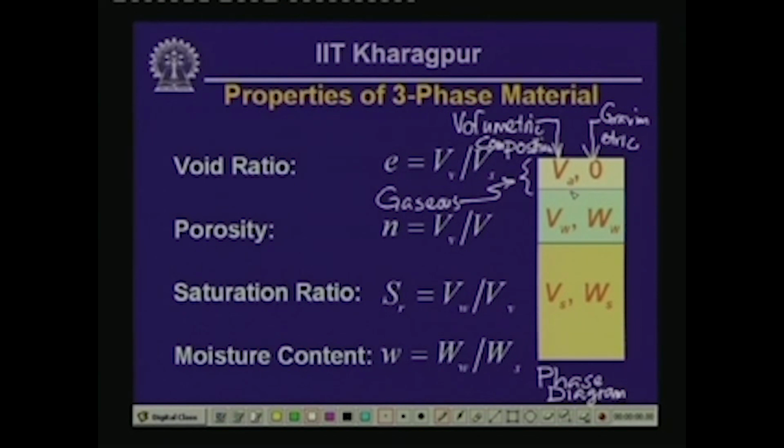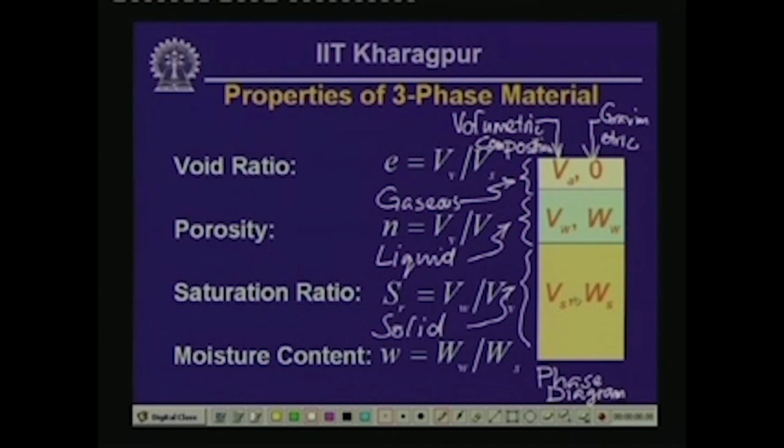The volume of the air phase has a subscript A, then the liquid phase is in the middle, and the subscript W indicates water, because more often than not the liquid phase is composed mainly of water. And then finally, you have the solid phase, and here we are using subscript S to indicate that we are talking about the volume and the weight of the solid phase.